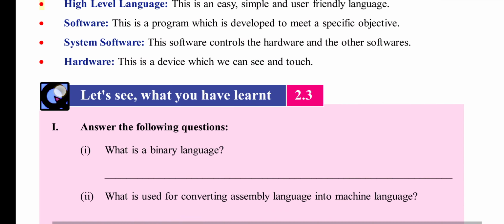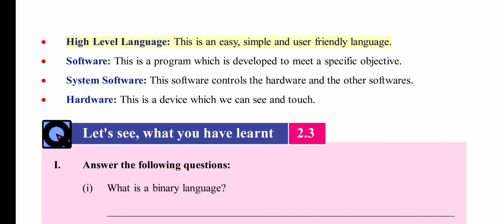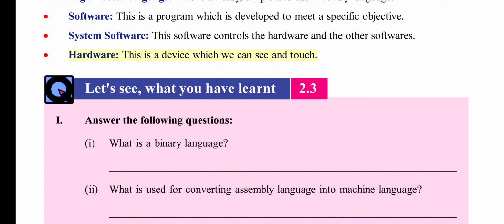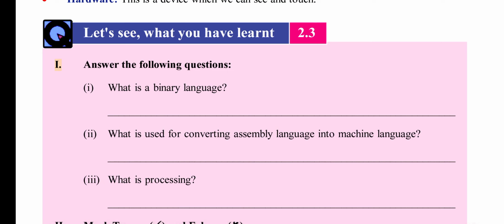High-level language. This is an easy, simple and user-friendly language. Software. This is a program which is developed to meet a specific objective. System software. This software controls the hardware and the other softwares. Hardware. This is a device which we can see and touch.